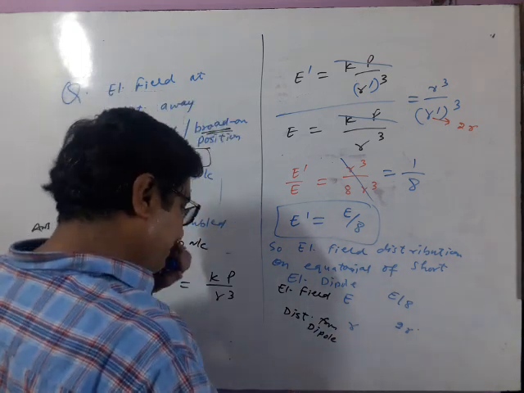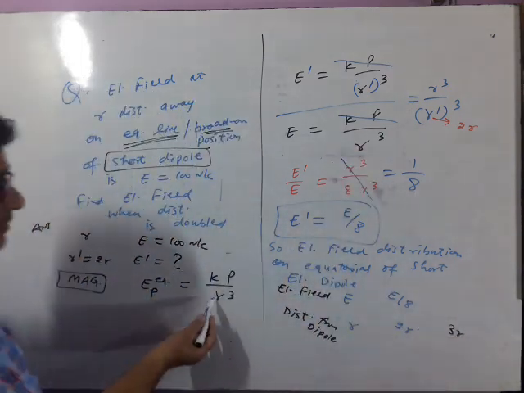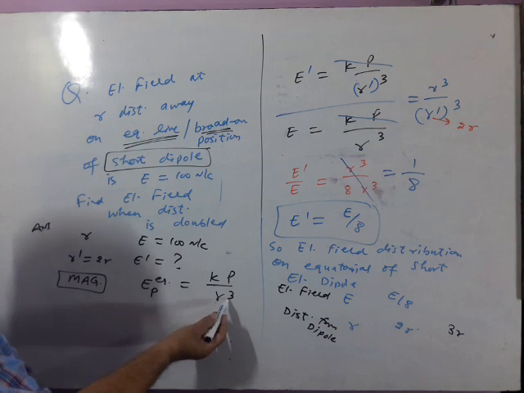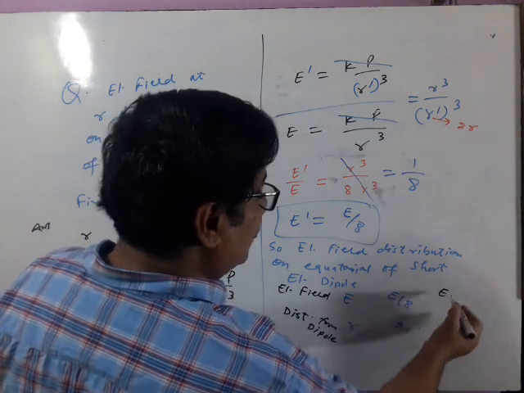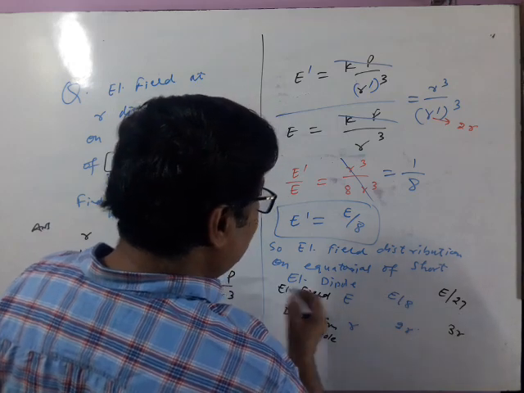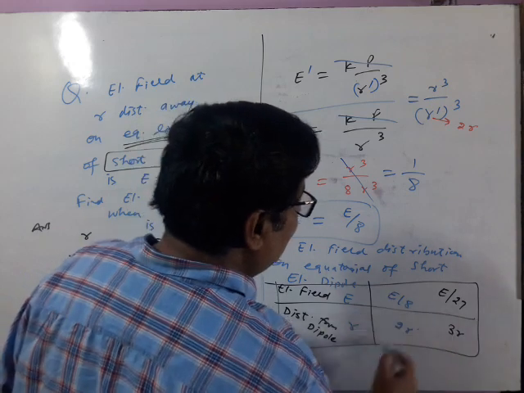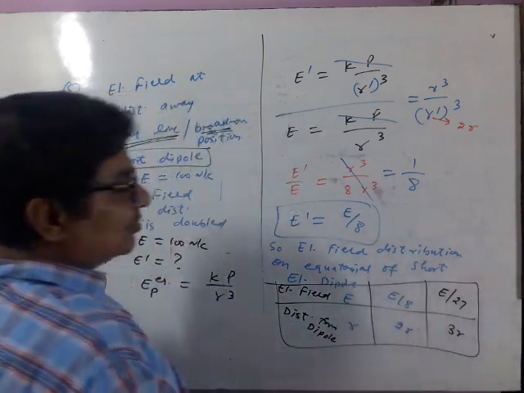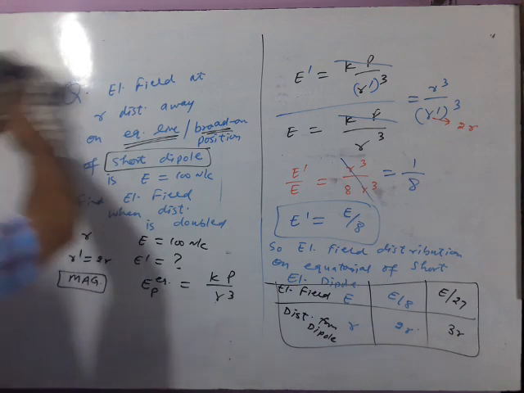And on tripling the distance, it is inversely proportional to r cube, see, 3 raised to power 3, so you write 27. So when this question is asked in a reverse way, this distribution is given, tell me for which charge distribution, you will say it is for a short electric dipole.